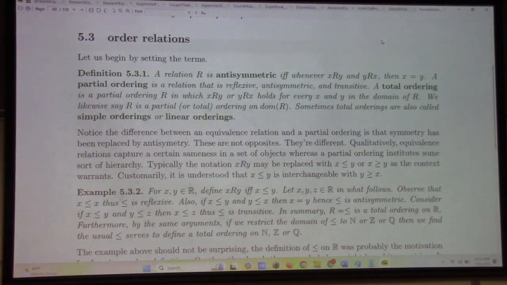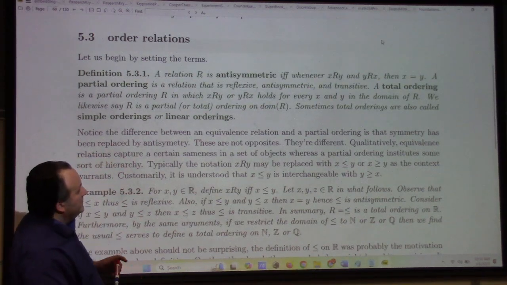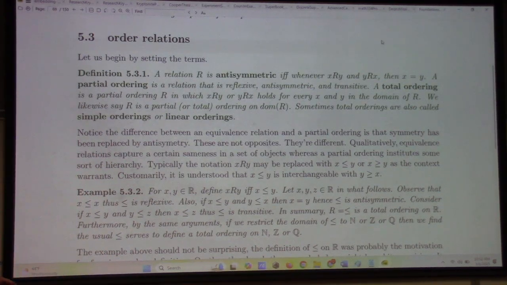It's got something in common, though. In fact, it's reflexive: x is less than or equal to x, that's true for any x. So it's reflexive, it's transitive, but it's certainly not symmetric. So less than or equal to is a so-called simple ordering, or if you like, a total ordering.